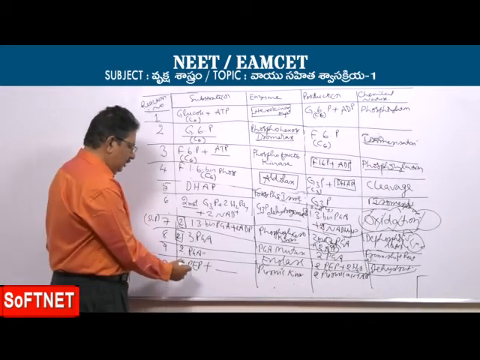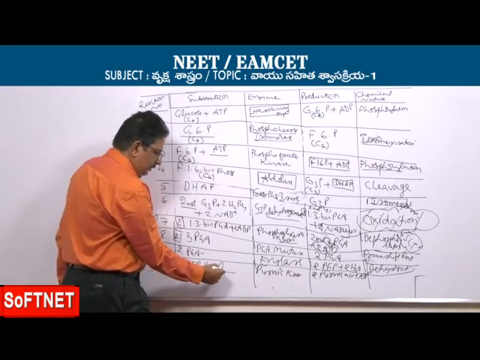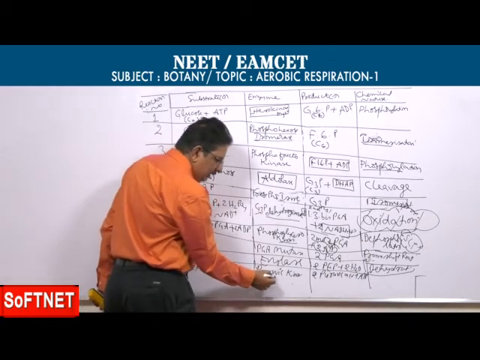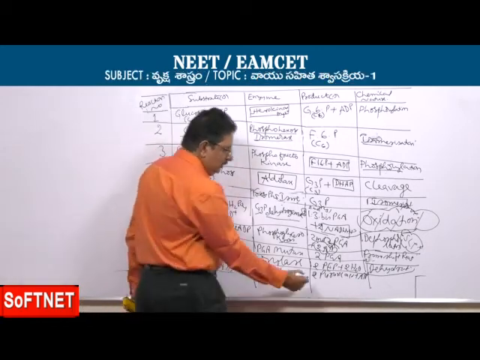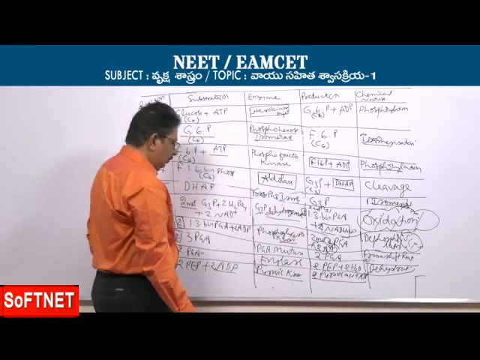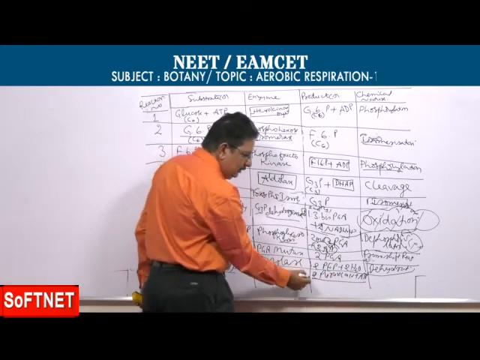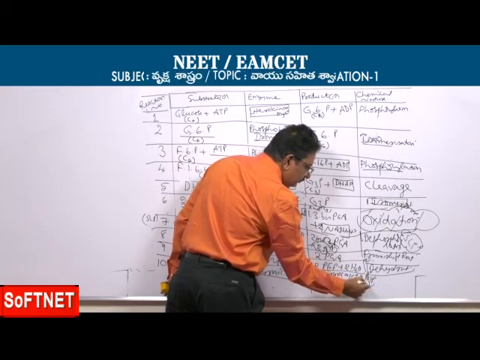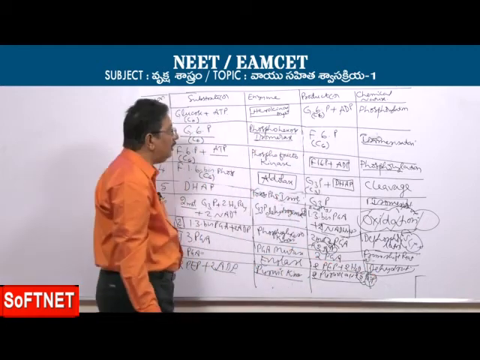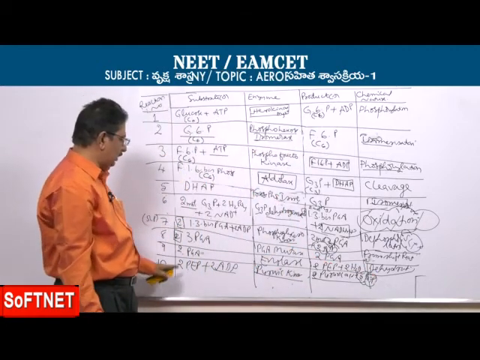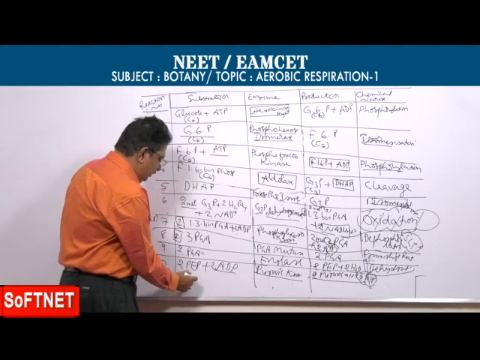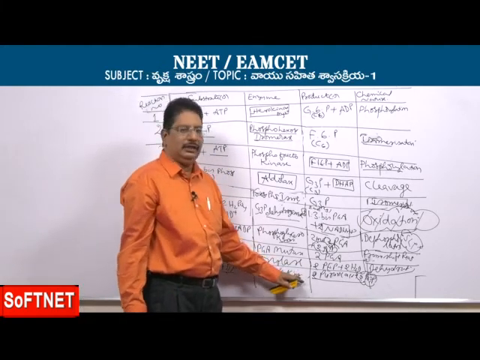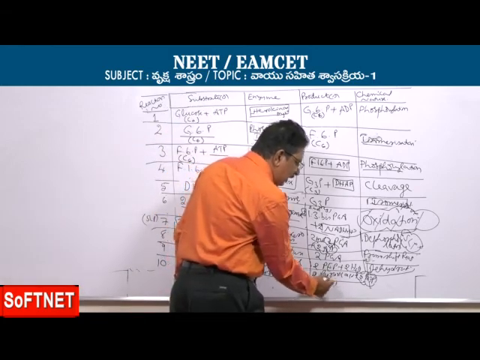So, finally, 2 molecules of PEP in the presence of 2 molecules of ADP, with enzyme mediation, pyruvate kinase, convert into 2 molecules of pyruvic acid and 2 molecules of ATP. So, the substrates for the last and final step of glycolysis are PEP and ADP, and the products of the last reaction of glycolysis are pyruvic acid and ATP.